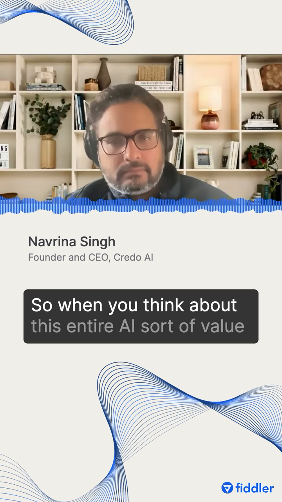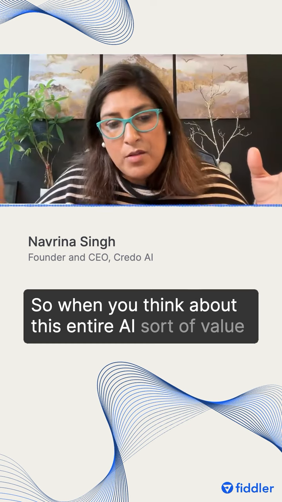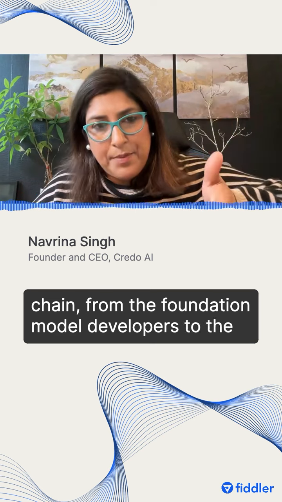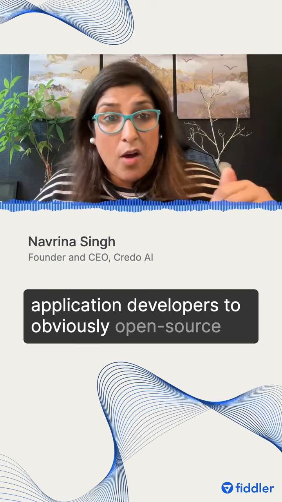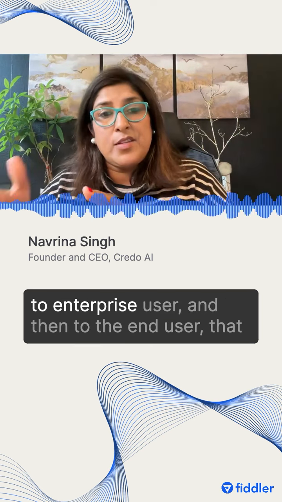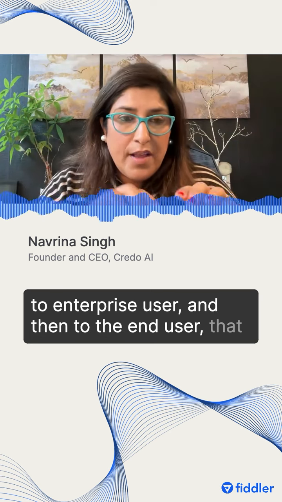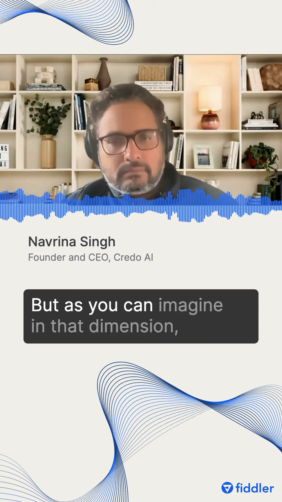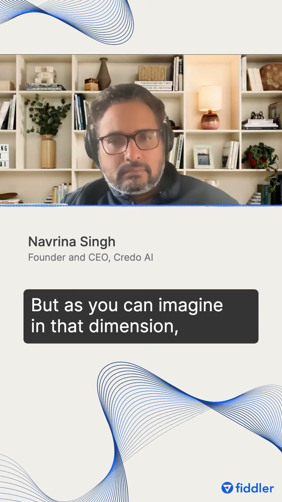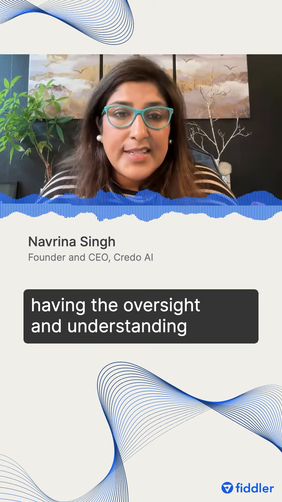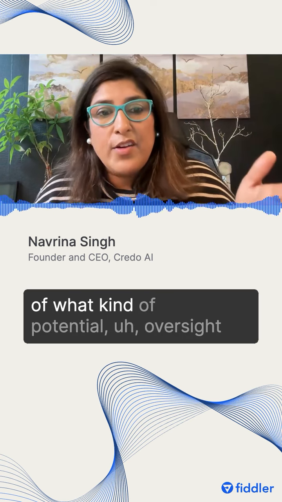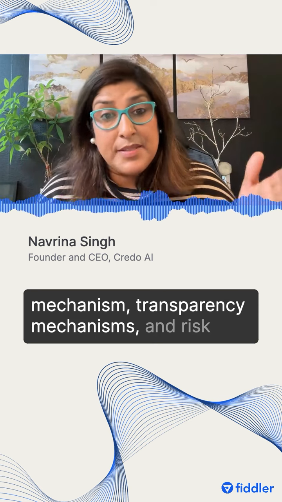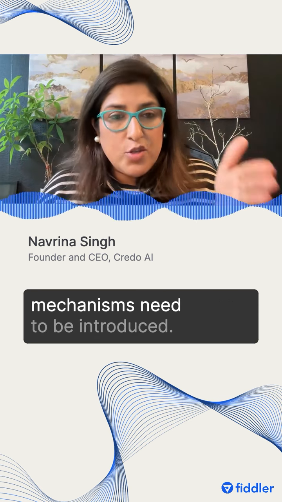So when you think about this entire AI value chain, from the foundation model developers to the application developers to obviously open source to enterprise user and then to the end user, that one dimension is really critical to understand. But as you can imagine, in that dimension, having the oversight and understanding of what kind of potential oversight mechanism, transparency mechanisms, and risk mechanisms need to be introduced.